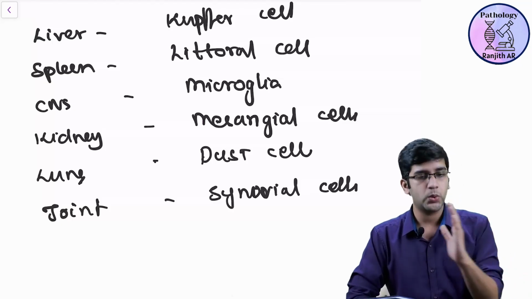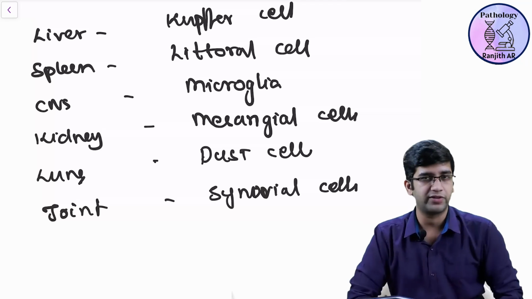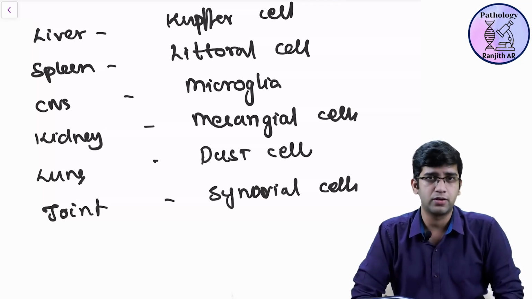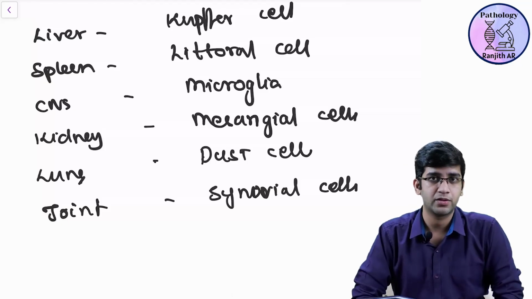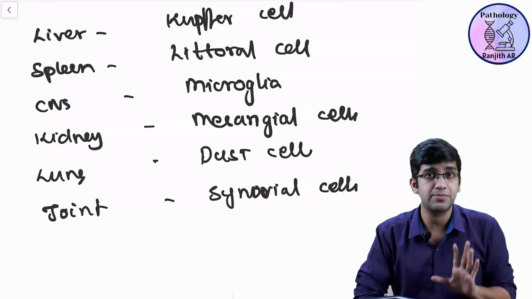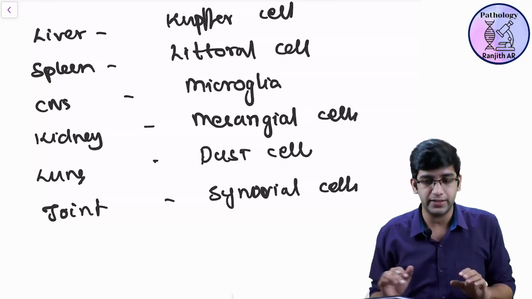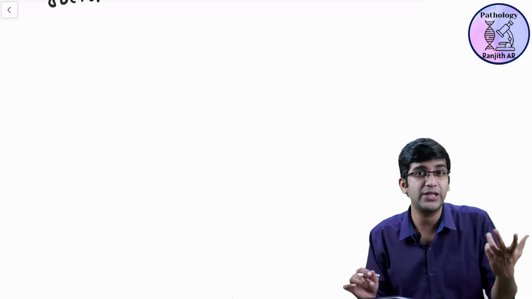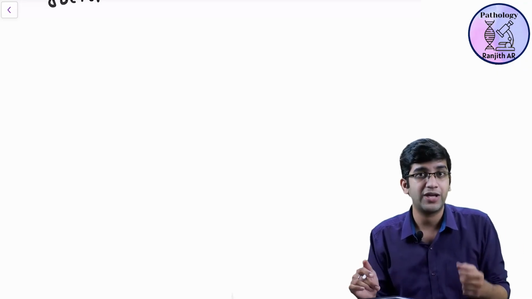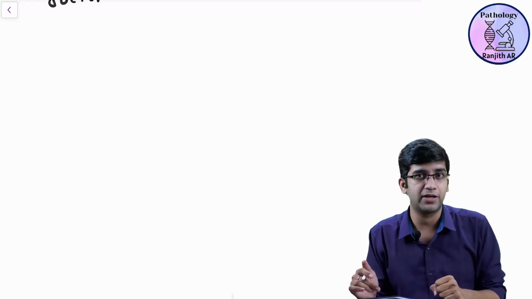I said that the macrophage is going to be involved in chronic inflammation. A monocyte will come to the tissue and become a macrophage. A monocyte doesn't live long, but a macrophage can live for years together. A macrophage doesn't live as such; it becomes activated. So I'm going to have two important cells: the macrophage and the activated macrophage.